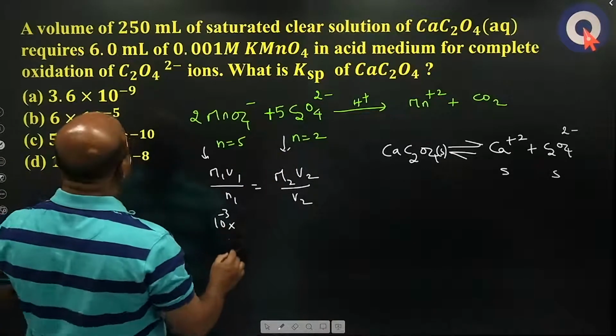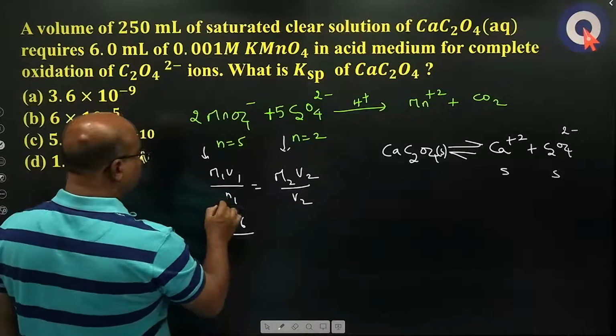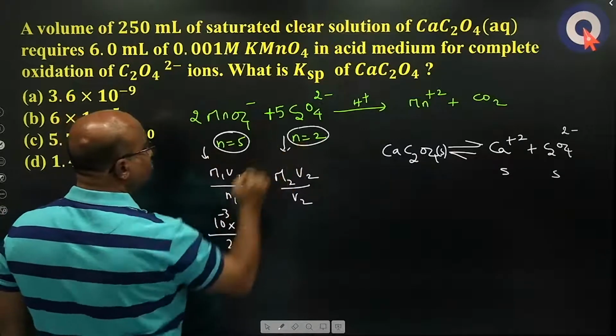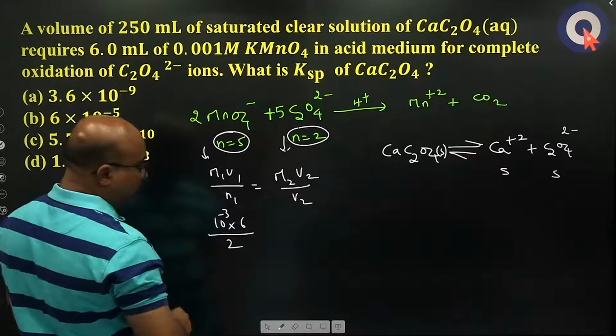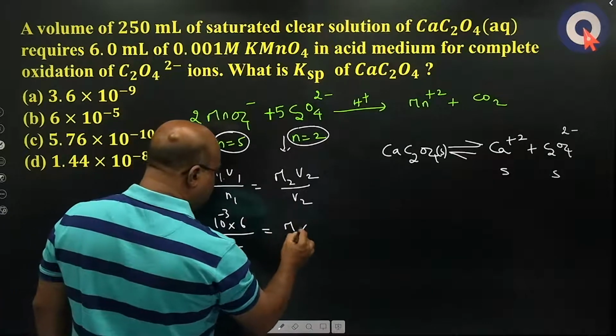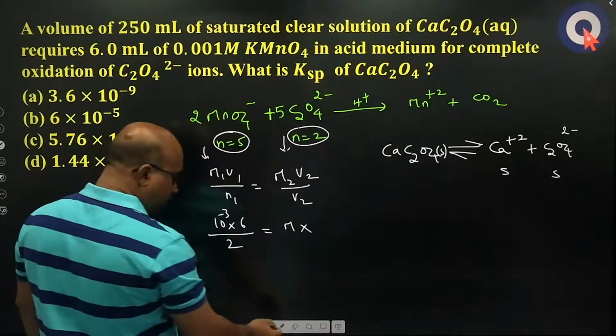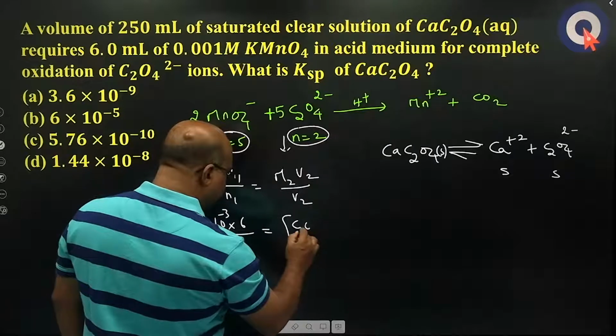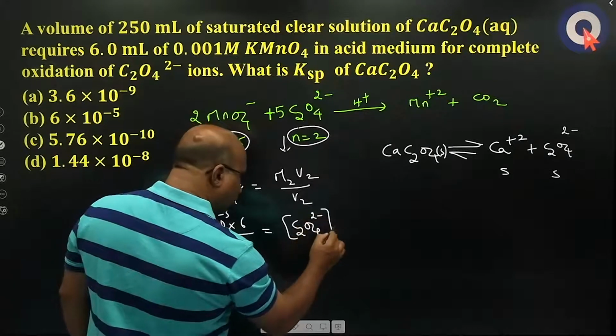Then the volume required is 6, and the number factor is 2. This is the N factor, not number of moles. Then the molarity of oxalate ion, or S, is being determined.